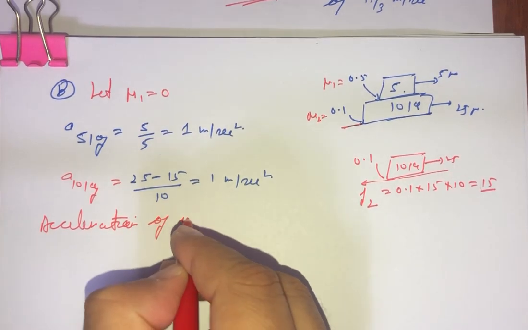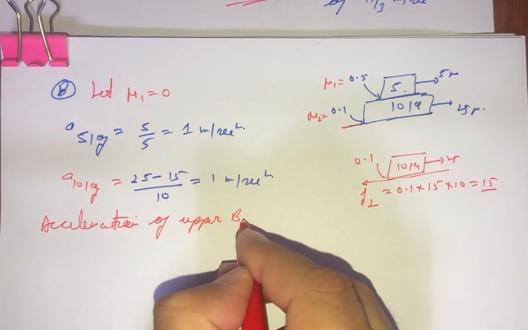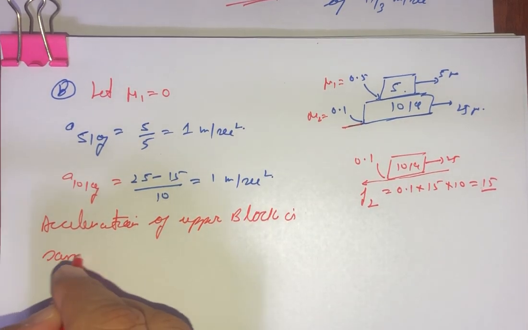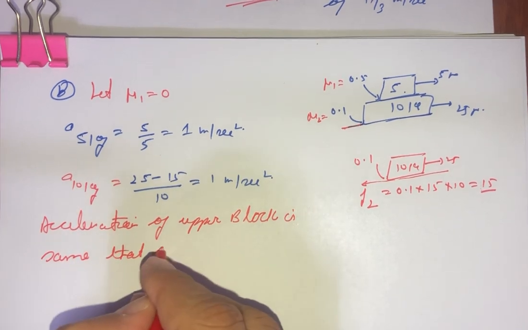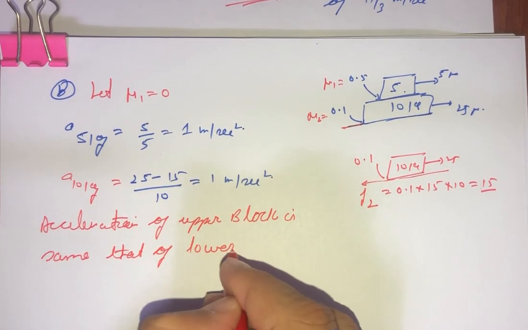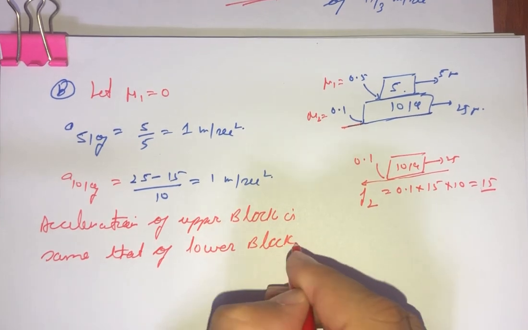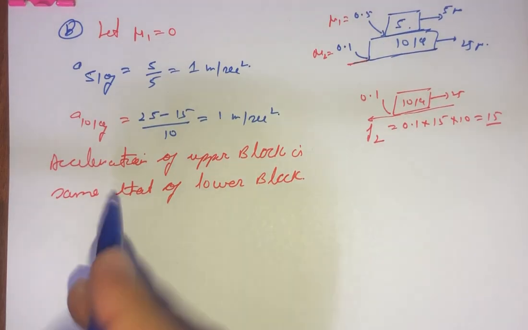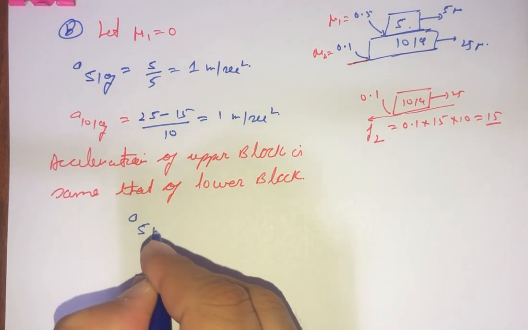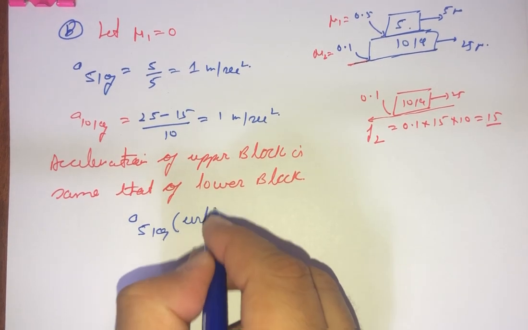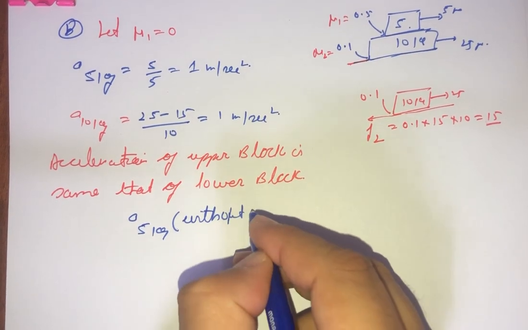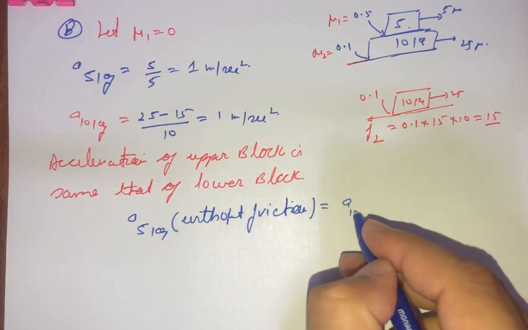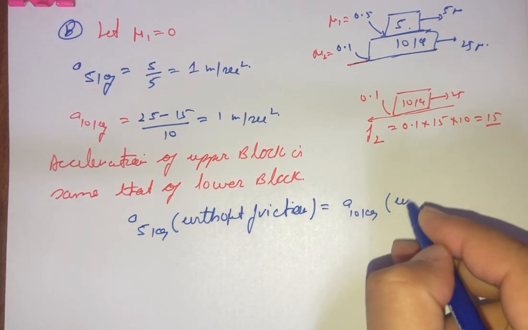Simply we can say that the acceleration of the 5 kg block, which is without friction, is equal to the acceleration of the 10 kg block, which is with friction.